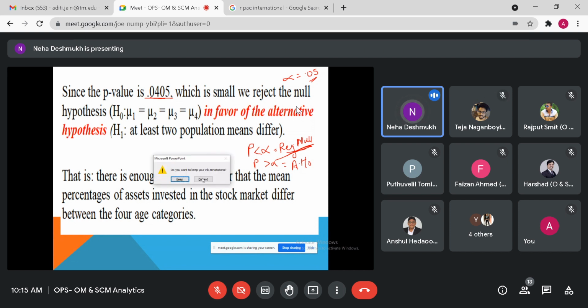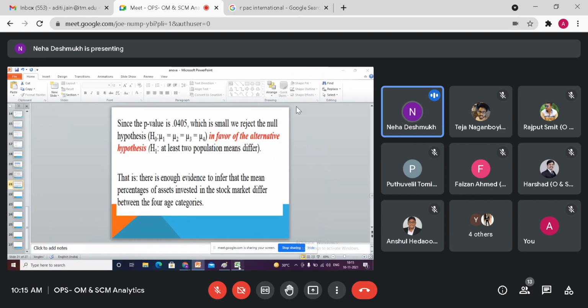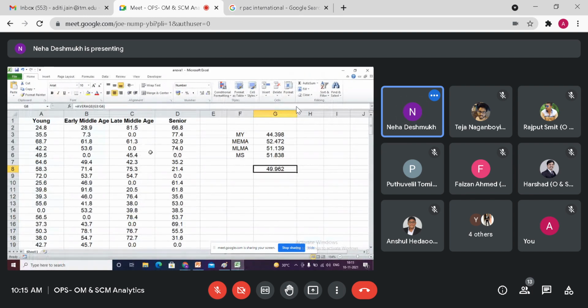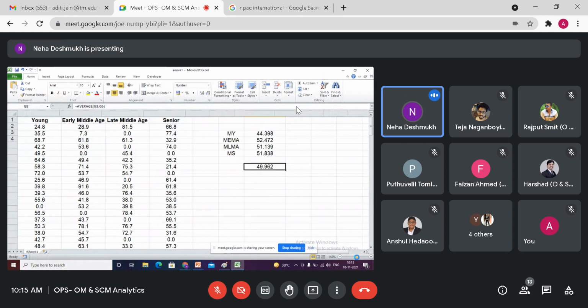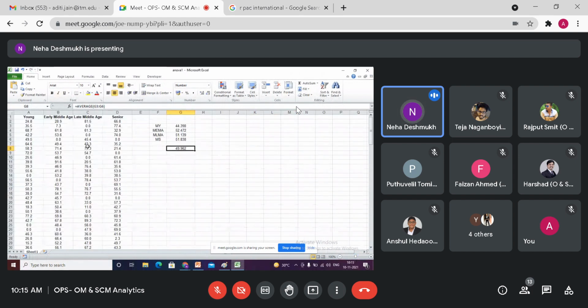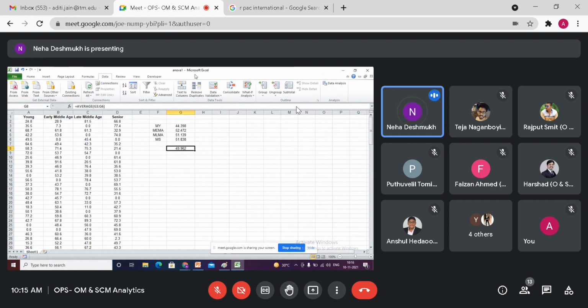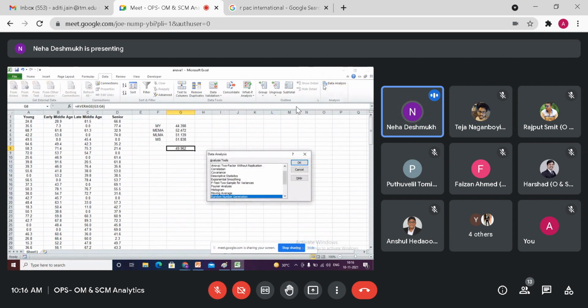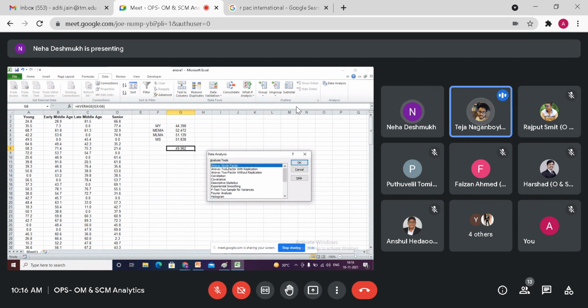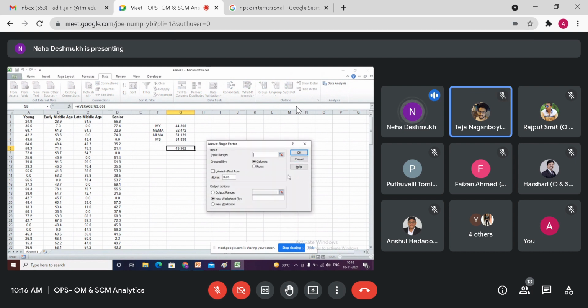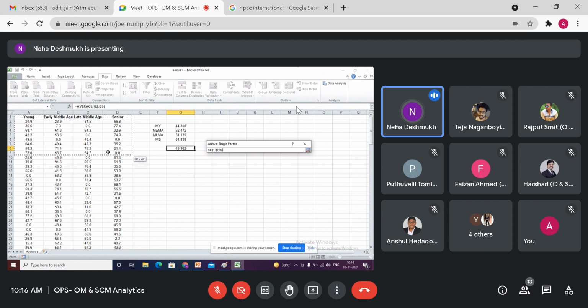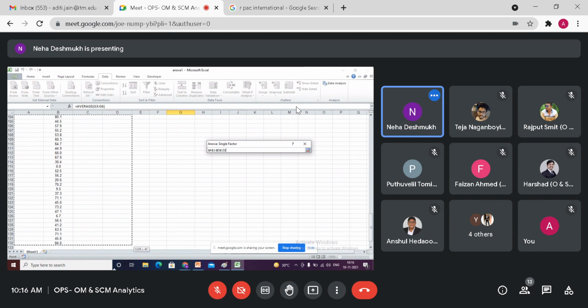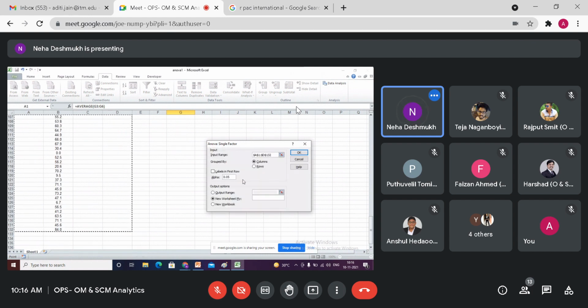On Excel, this is the data sheet. You can calculate this whole thing with the data analysis you are having. Do you have Data Analysis ToolPak in your Excel? Yes, ma'am. Simply here we are using ANOVA single factor. Click on this, you will get the same window. In input range, select the whole range, right?